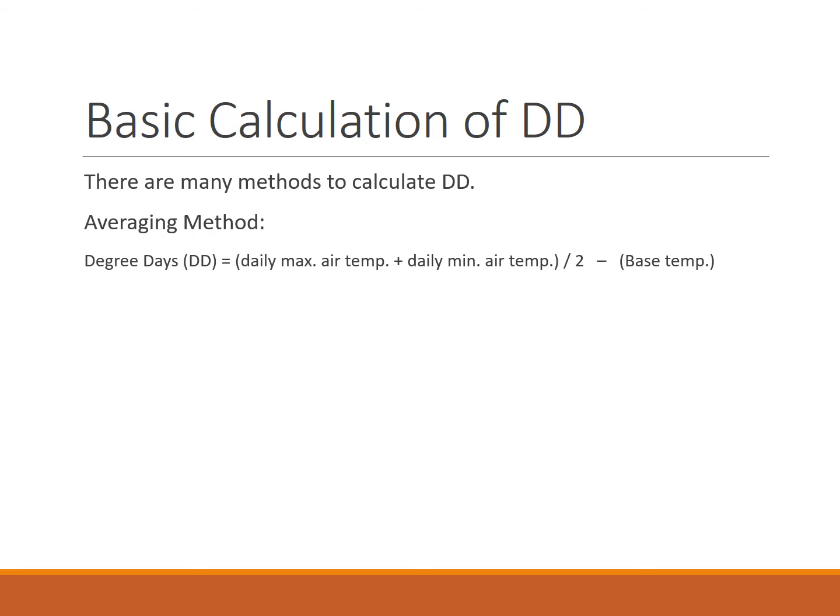The degree days are equal to the daily maximum air temperature plus the daily minimum air temperature, divided by 2, minus something called a base temperature. The base temperature for most purposes can be assumed to be 50 degrees Fahrenheit.